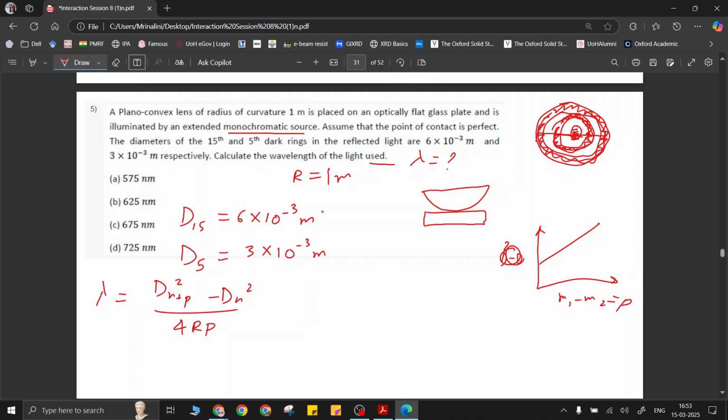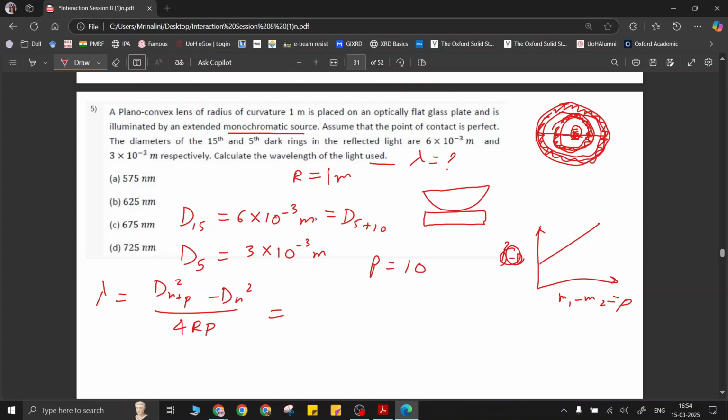So if I write this as D 5 plus 10, you can see this is the 15th order and this is the 5th order. So the number of fringes in between is 10. So p is 10. Now when I put in the values, the answer should be in nanometer. This is in meter right now, so we need to convert it into nanometer.